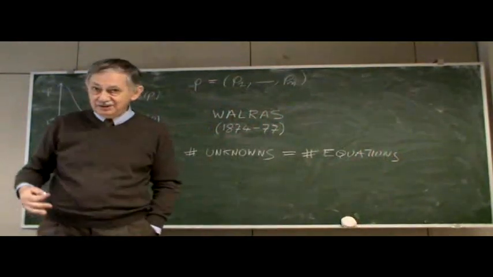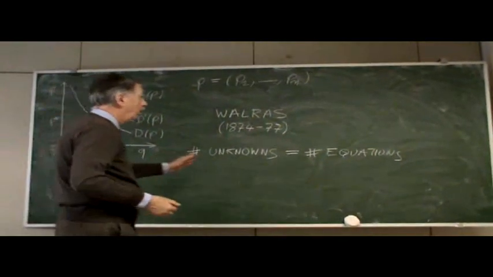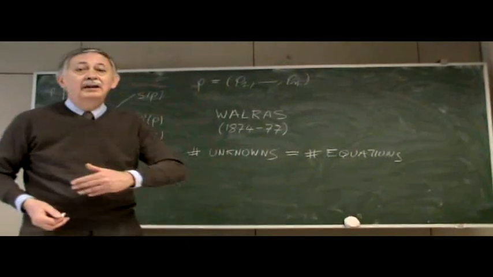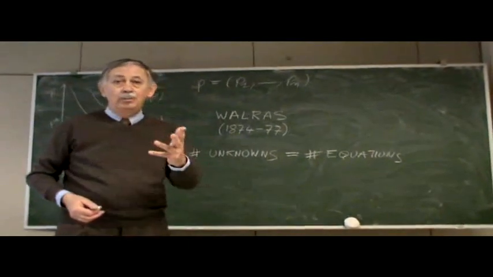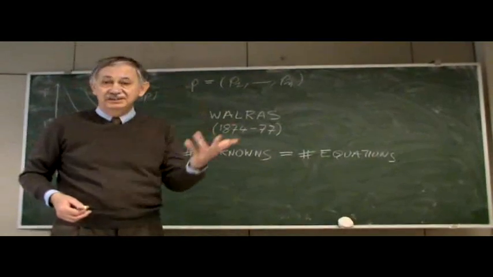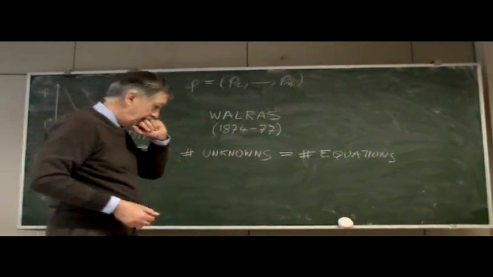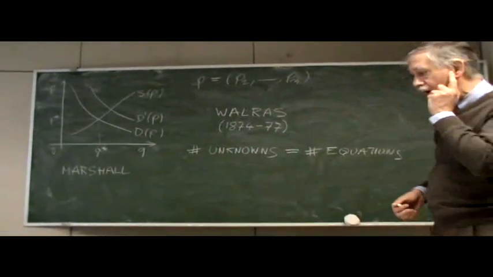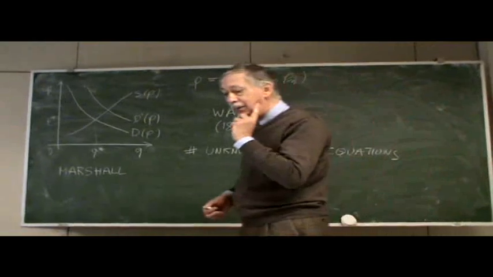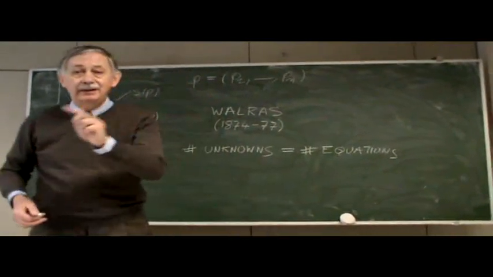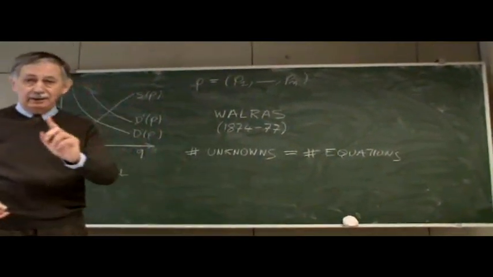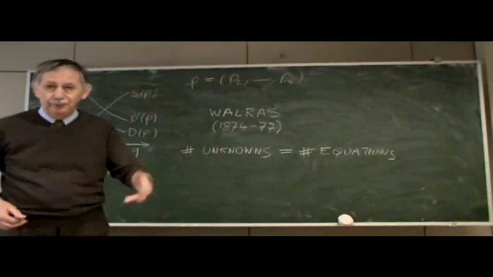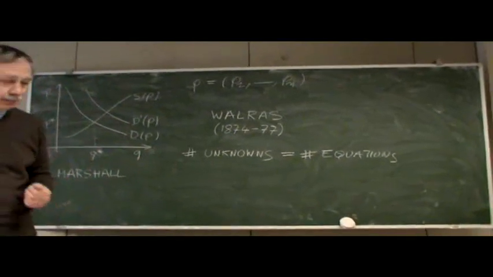So, Walras concluded, since this equality holds, it is clear that a solution to this problem, in principle, exists. In other terms, he deduced the existence of a solution of a problem of general equilibrium by simply counting the number of equations and the number of unknowns, and by proving that these numbers are equal.